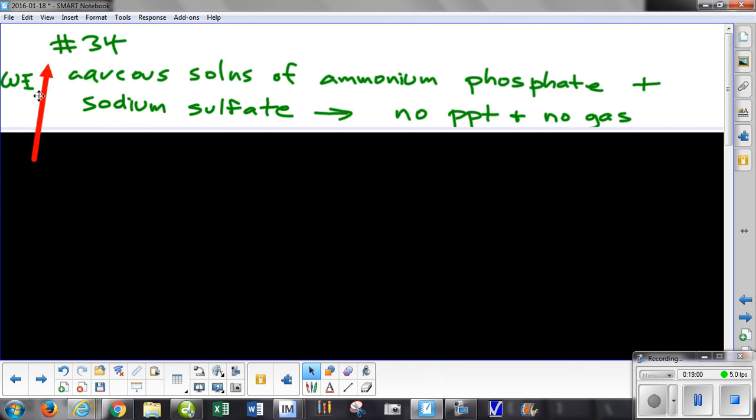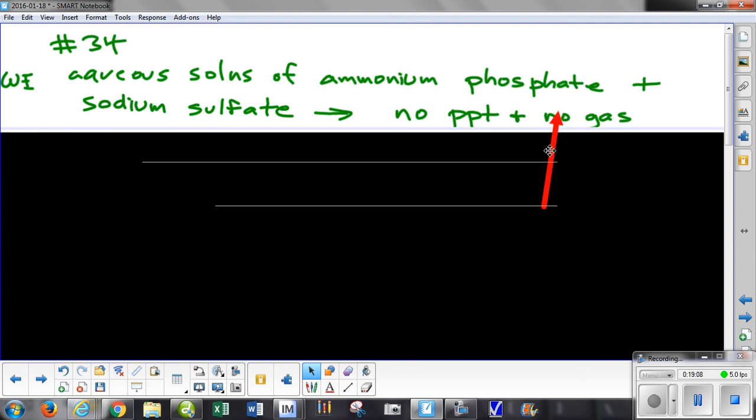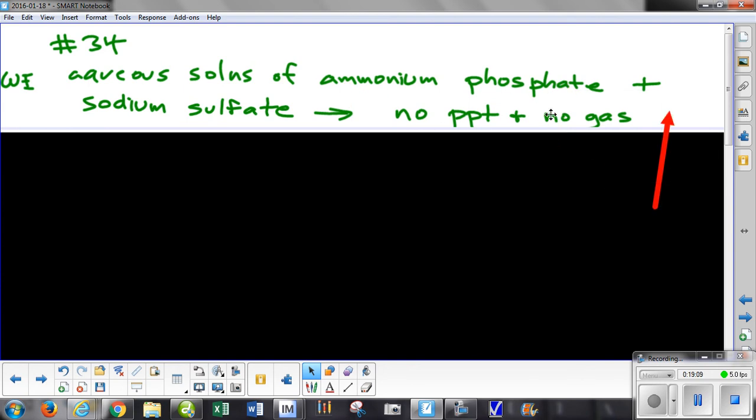For 34, here is the way I would write the word equation: aqueous solutions of ammonium phosphate plus sodium sulfate, both aqueous. Let's do this a little bit differently than we did the last one and put the subscripts in.